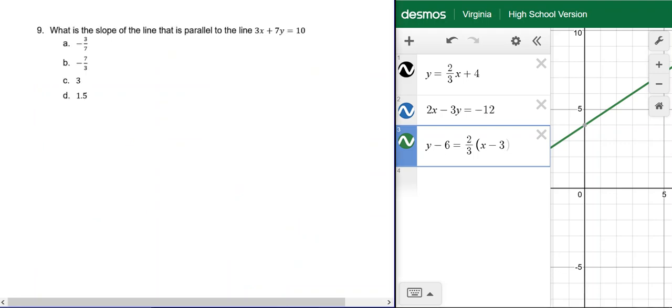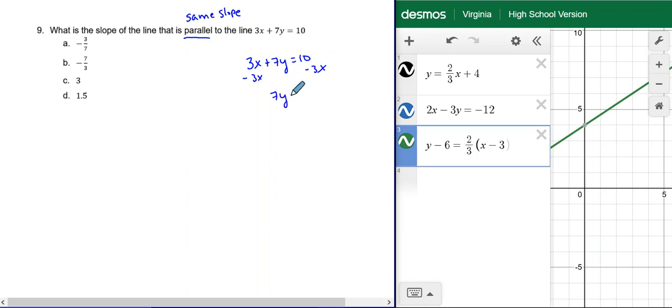All right, number 9. What is the slope of the line that is parallel to the line of this? So parallel means they have to have the same slope. So I need to find the same slope as this. Again, as always, there are 2 ways to do this. One, algebraically. Second, put this in slope-intercept form. So just move the x term over.